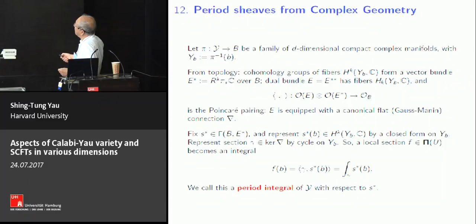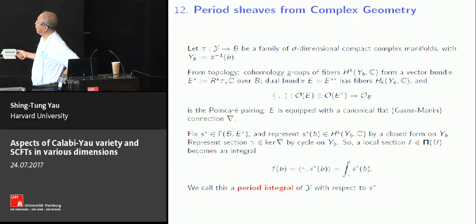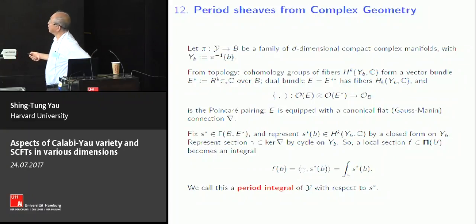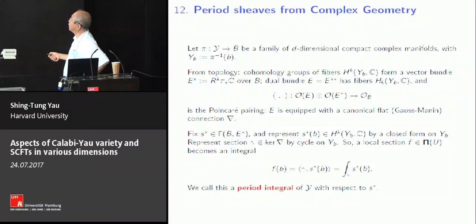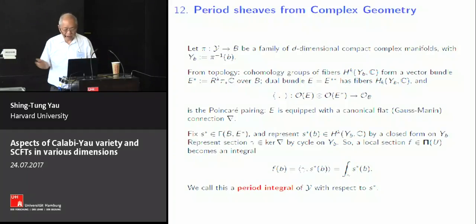So gamma dot with S star B is simply the integral of S star B over gamma. We call this F_B. We shall use this notation from now on. F will be what we call the universal period, the period integral of Y with respect to S star. So when we fix S star, we have a well-defined F_B. Okay, so it will be a function defined this way.